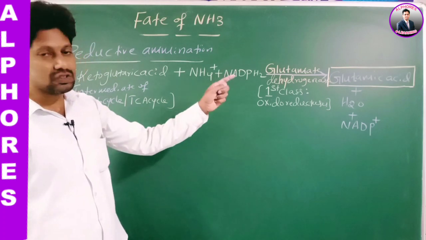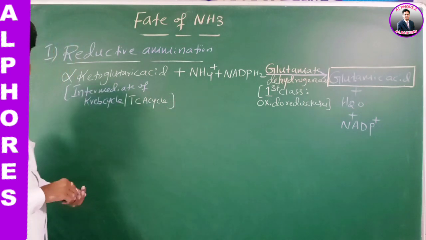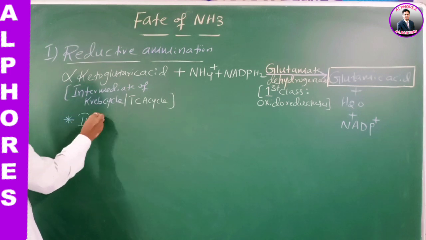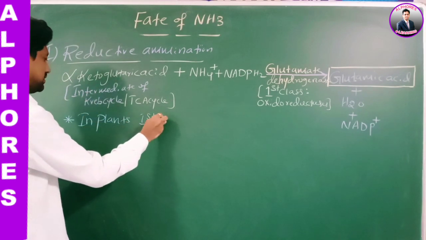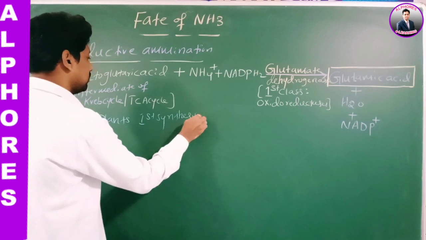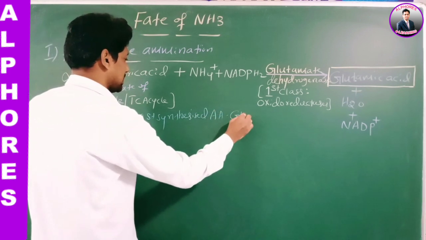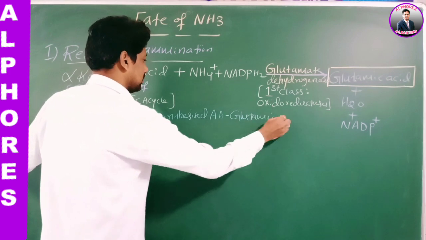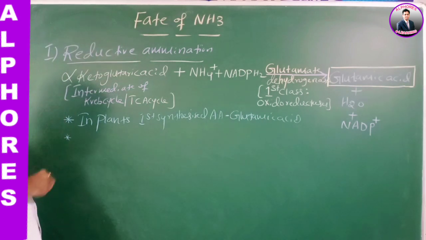In turn, this glutamic acid synthesizes other amino acids by which reaction? Transamination reaction. Okay, I am writing these statements here. In plants, the first synthesized amino acid, who is it? Glutamic acid. What happens next?